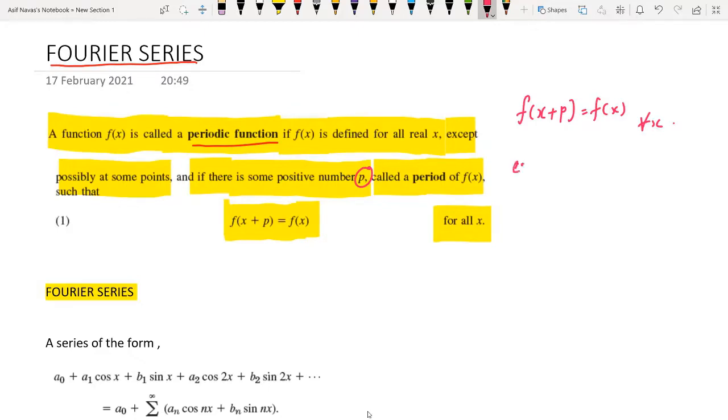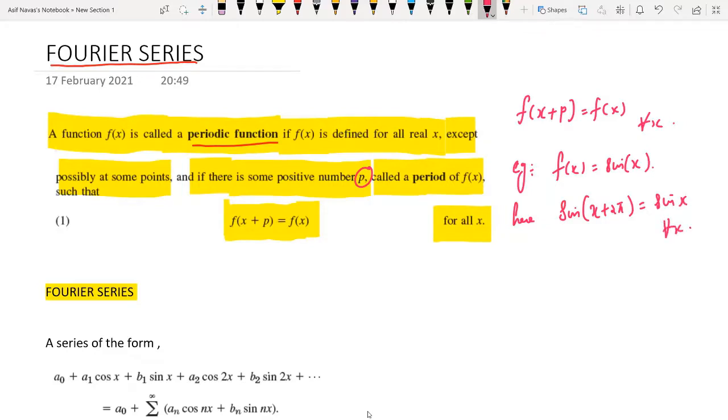For example, if you take f of x equal to sin x, here sin x plus 2 pi is equal to sin x for all x.